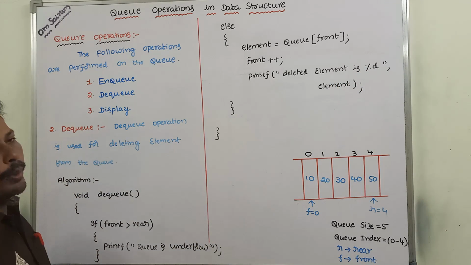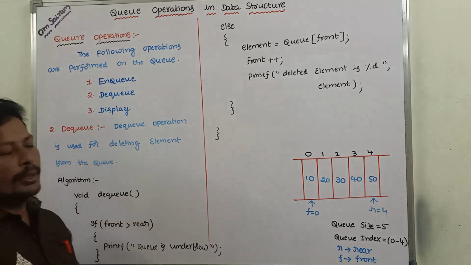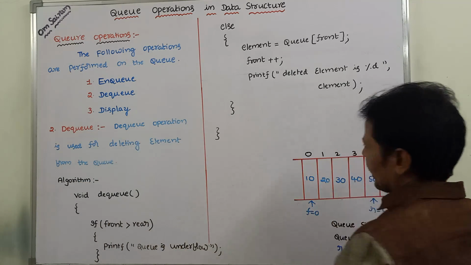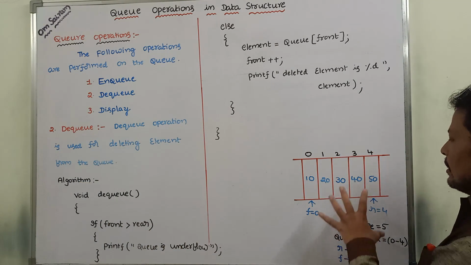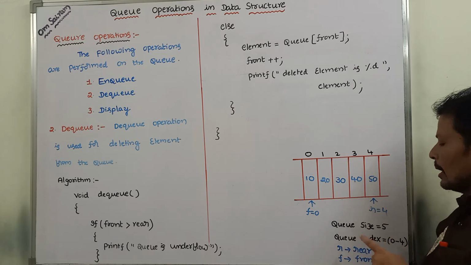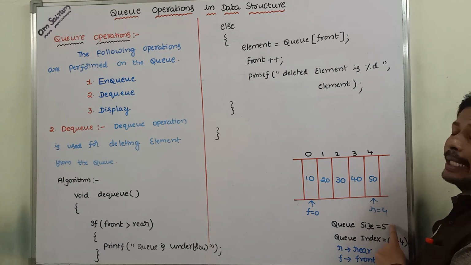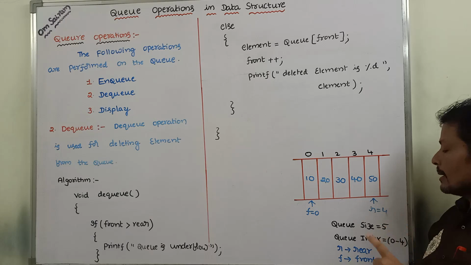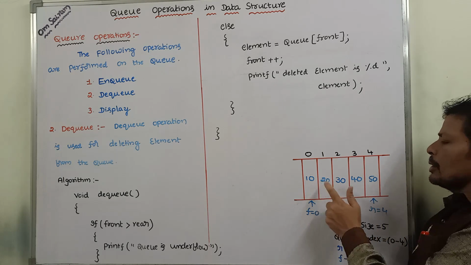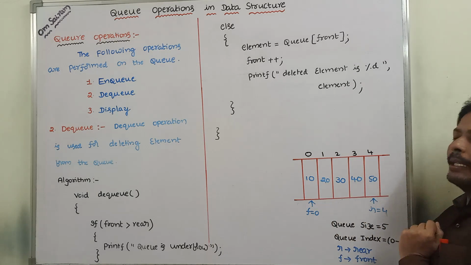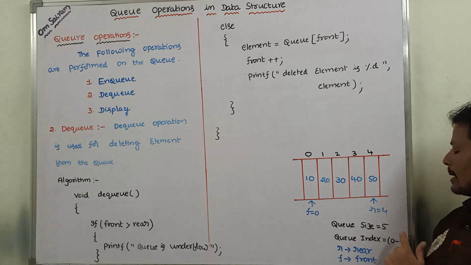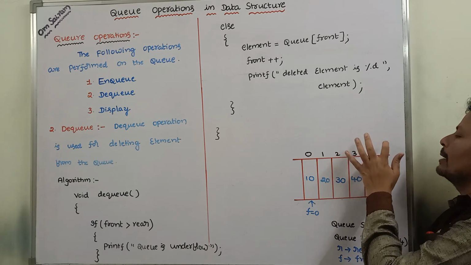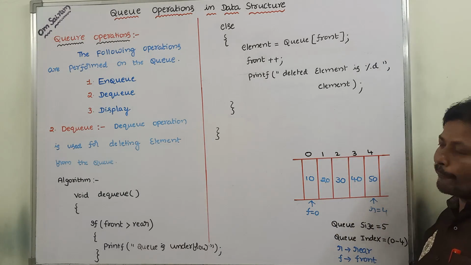Okay. Now we are tracing our code. So in the previous enqueue operation, this is the queue we are getting. Queue size is 5. It can store 5 elements, 10, 20, 30, 40, 50, and queue index starting with 0 and ending with index 4.